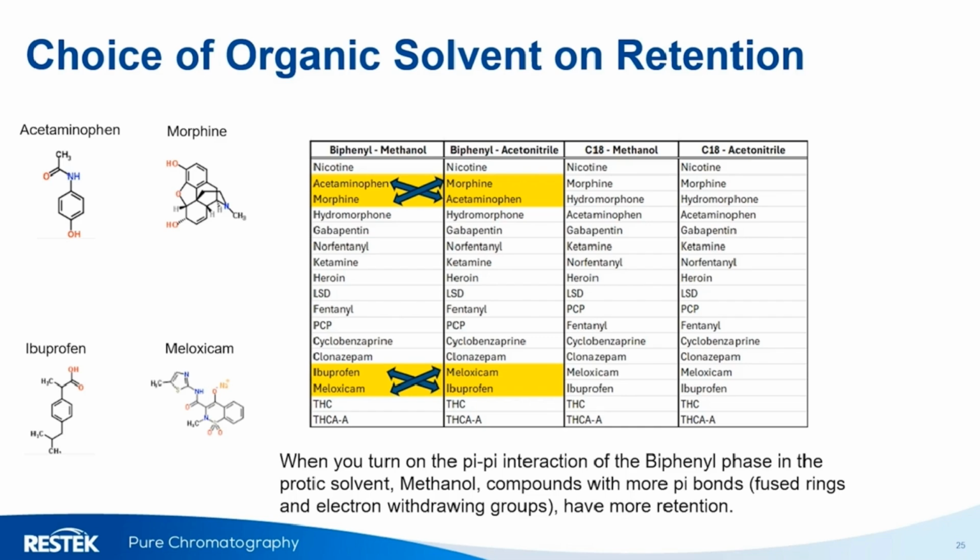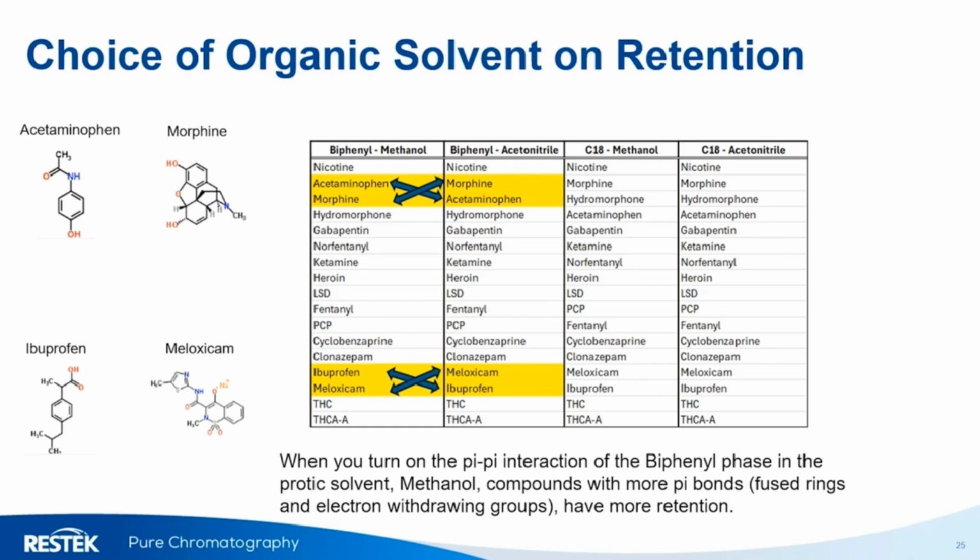We do notice the power of the solvent in the retention of the compound. So acetonitrile will have somewhat less retention on the C18, where the methanol will have more retention. And that's just due to the strength of that solvent.